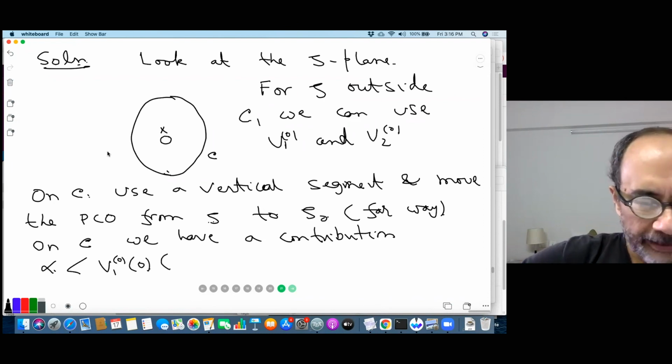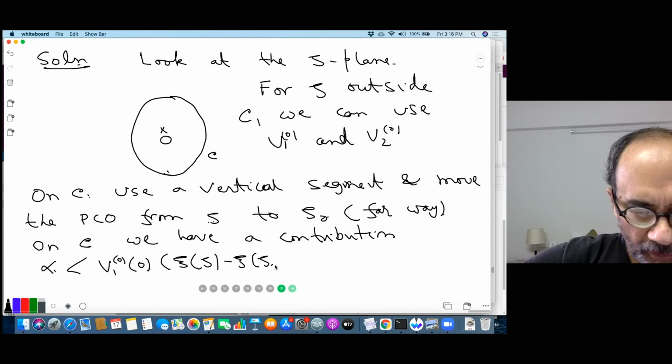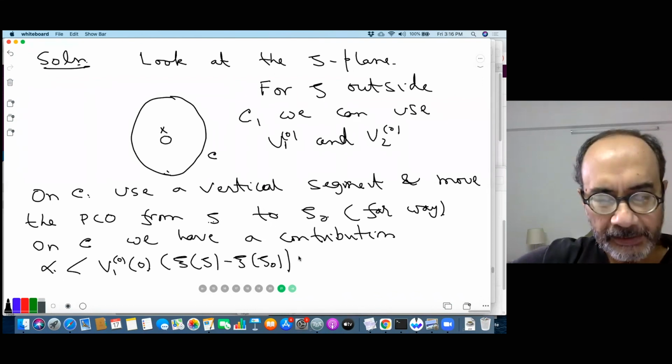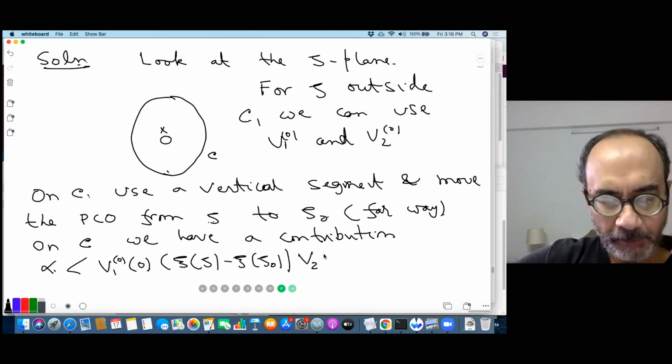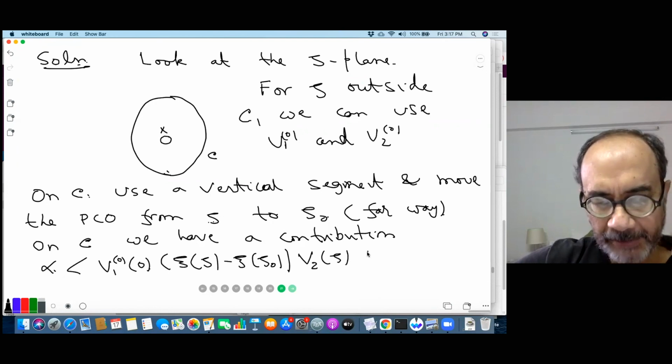And now the vertical integration will give this xi of zeta minus xi of zeta naught, because we are moving the PCO. V2 becomes in the -1 picture, so that's what I'm calling V2 zeta, and then the B, whatever B you have to insert.